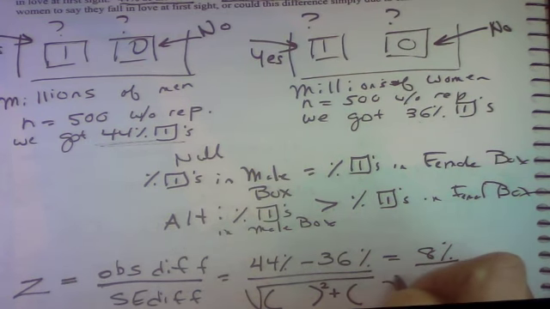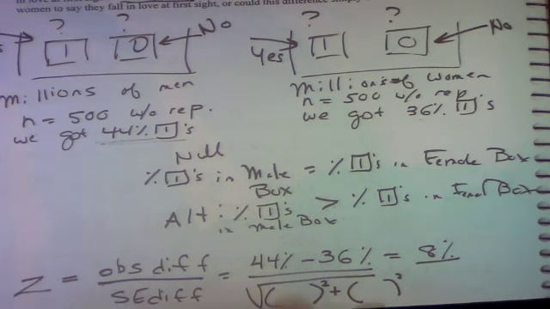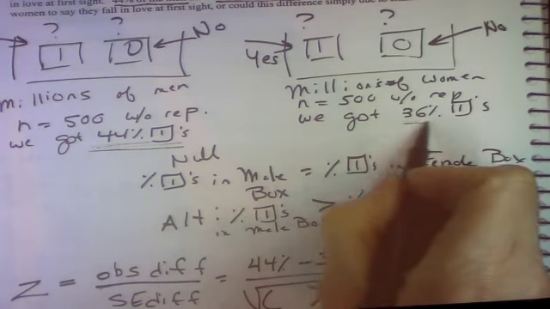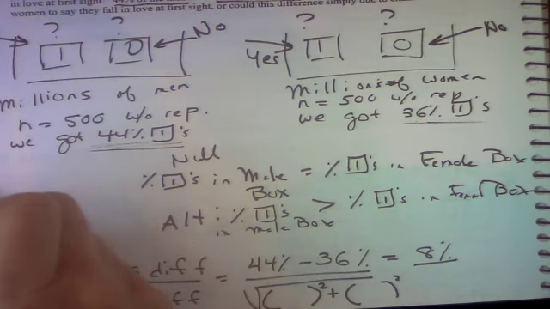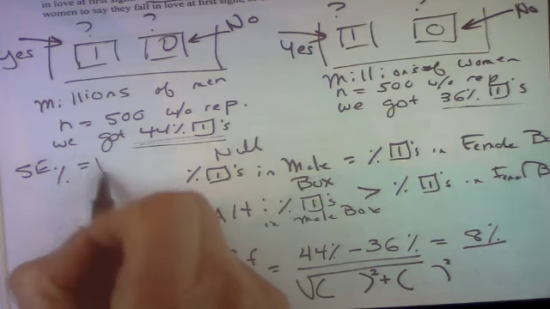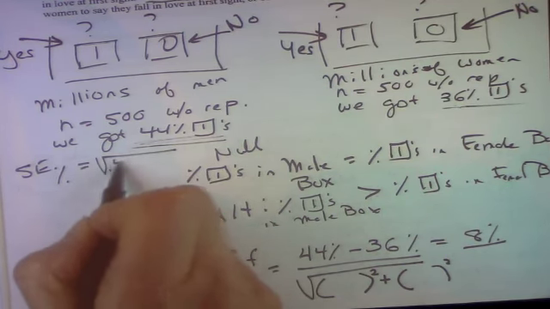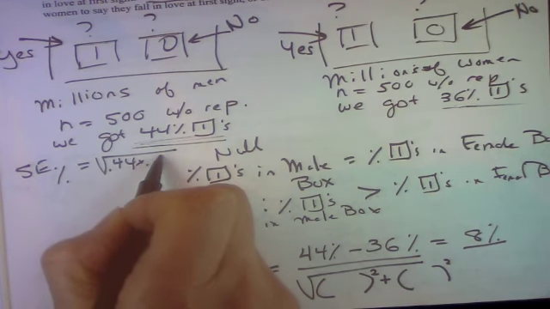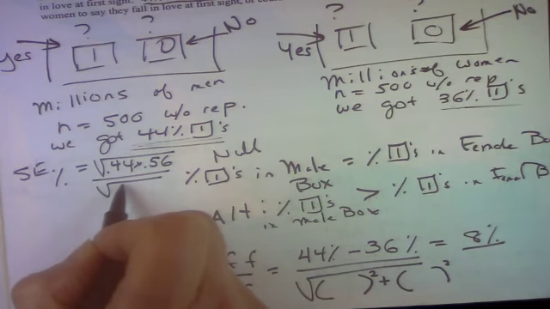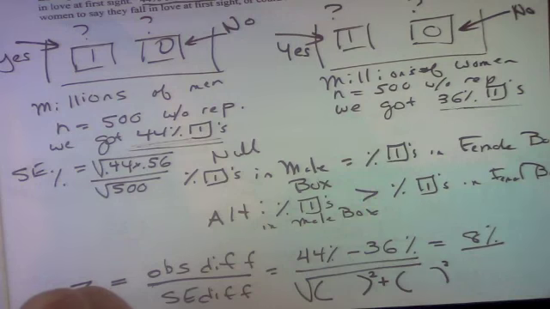All right, what are we going to put in here? What do we have to do? We have to go back up here and get standard errors for the percent. Ugh, this is annoying, isn't it? This part. So this is going to be the square root of what? 0.44 times what? 0.56 over the square root of what? 500.